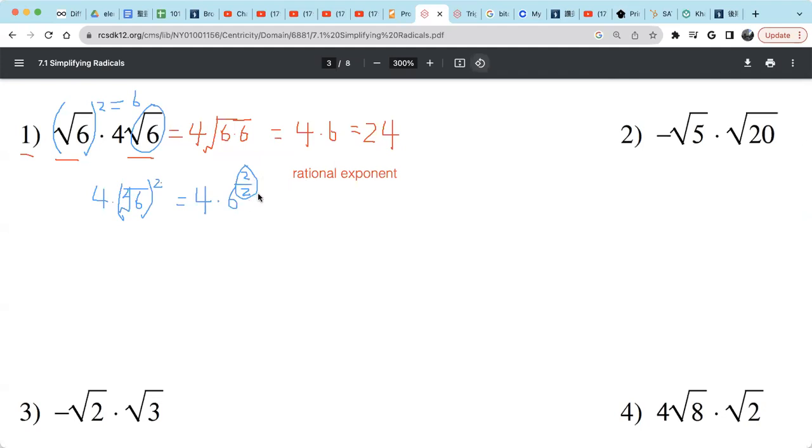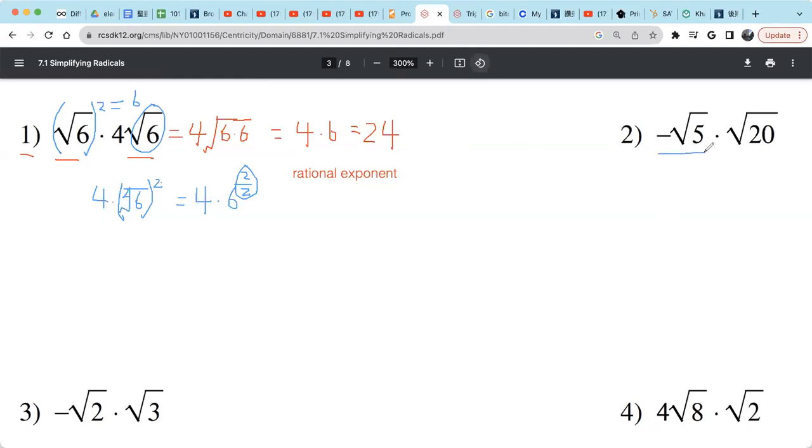So 2 over 2 is 1, and 6 raised to 1 is 6. So 4 times 6 is 24. There are different ways of thinking about this, but to emphasize that the square root of 6, when you square it, is 6, I'm going to keep using this idea.